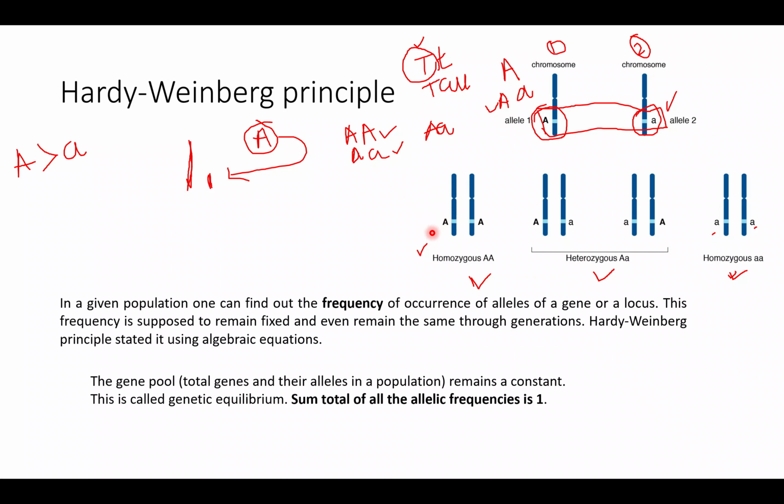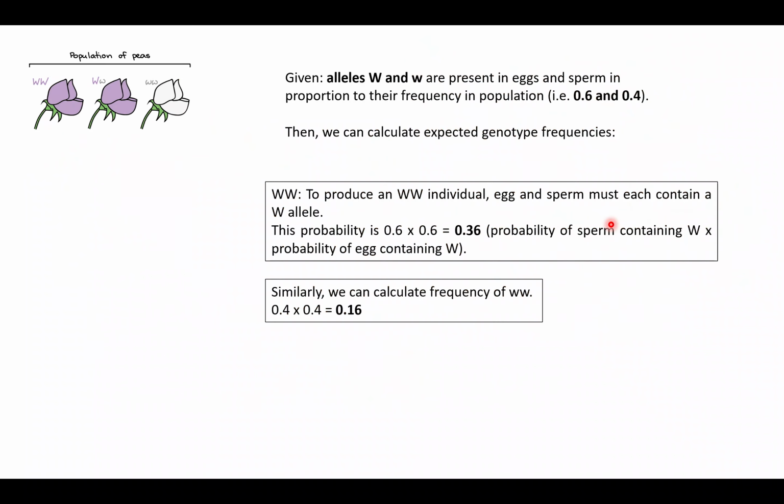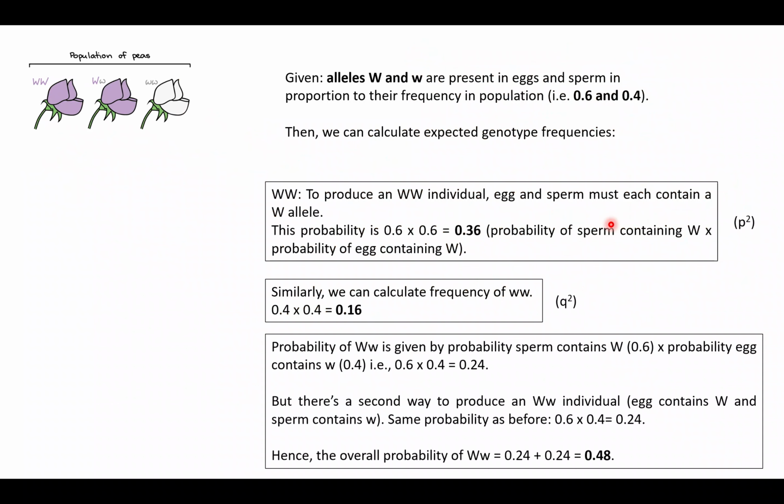Here the egg has capital A and the sperm has capital A. Here the sperm has small a, here the egg has capital A. There's no other possibility. Here there are two possibilities. That is why we are multiplying with 2. Makes sense, right? Logical. So the probability of capital W, small w is 0.24 plus 0.24.